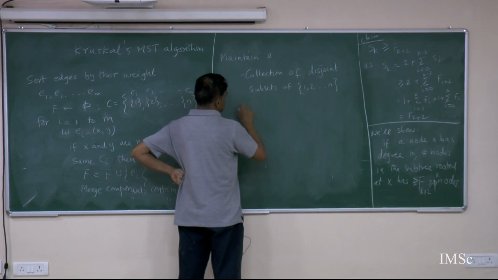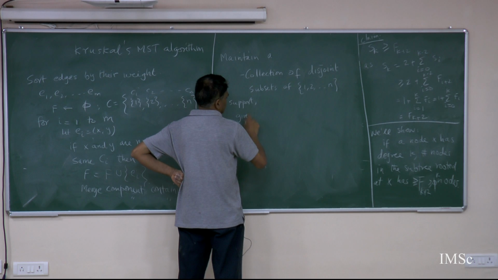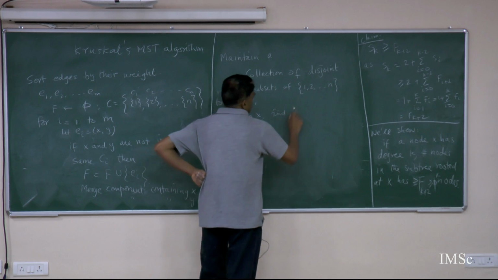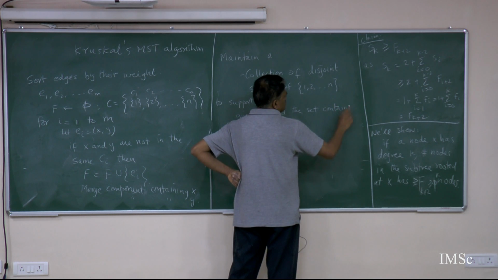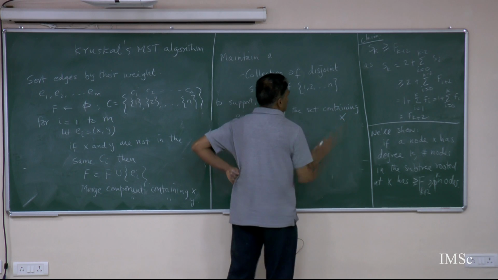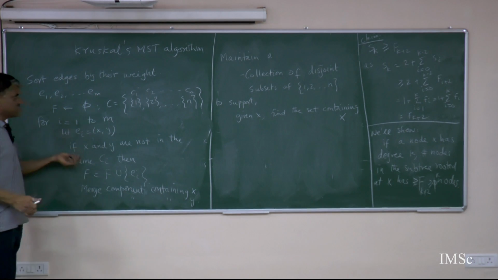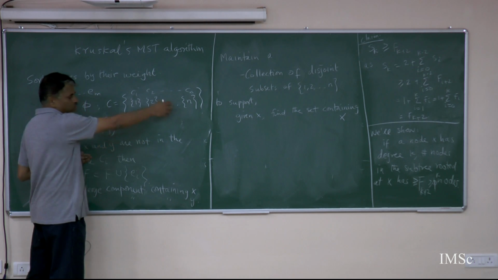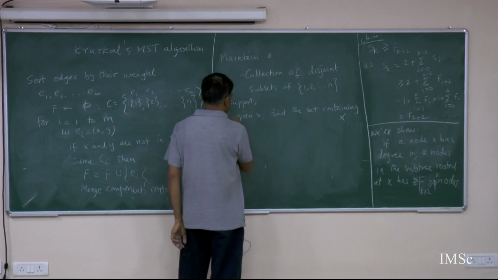And the queries I want to support: given x, I want to find the set containing x. Every element is in some set. So when an x comes, I want to figure out which set it is in. And when y comes, I want to know if they are in different sets. And what is the other query?